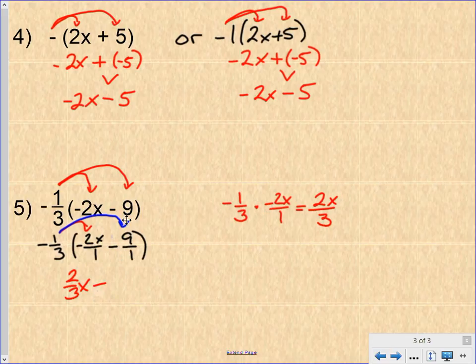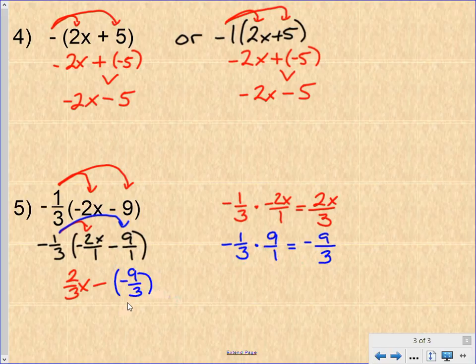Now I'm going to do the negative 1/3 times 9 over 1. If you know about cross simplifying, you could simplify the 3 and the 9 here. If you don't, you would just multiply straight across. You would get negative 9 over 3. 1 times 9, 3 times 1. I have minus negative 9/3.